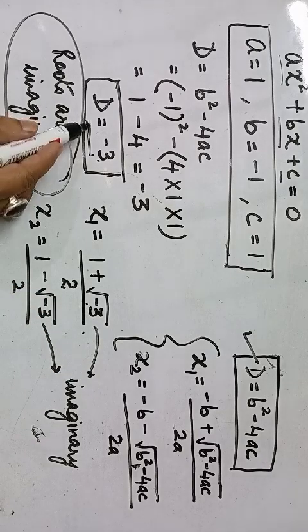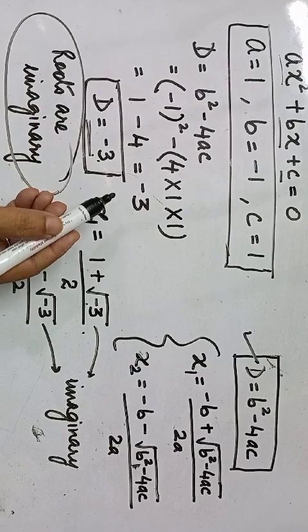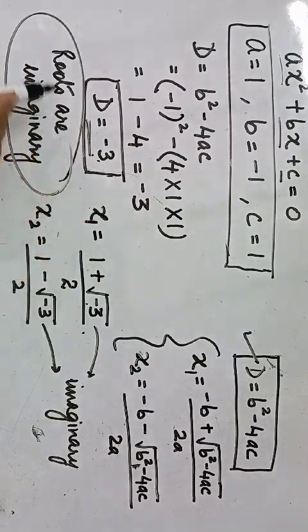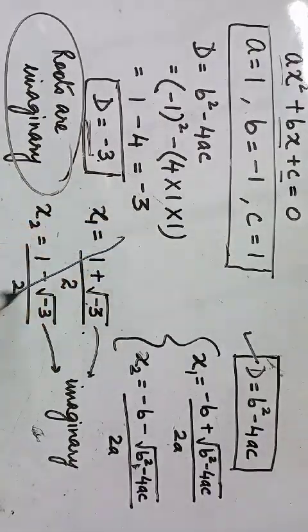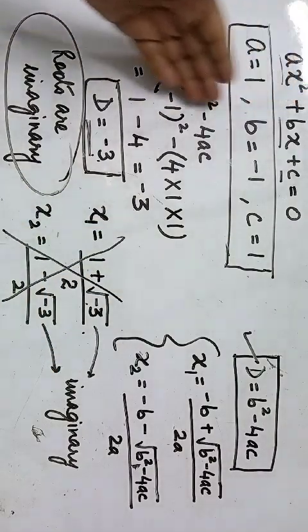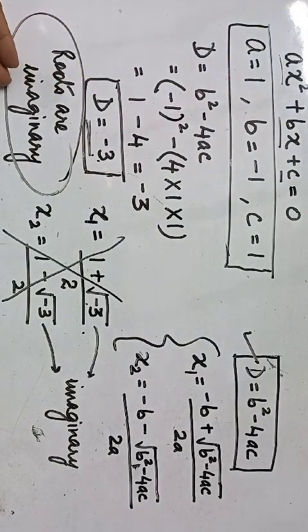Okay, so the moment you get d as a negative number, you will straight away say roots are imaginary without solving this portion. So this portion will not have to be solved. Okay, so essentially this is part of your solution. So this is a case where roots are imaginary.